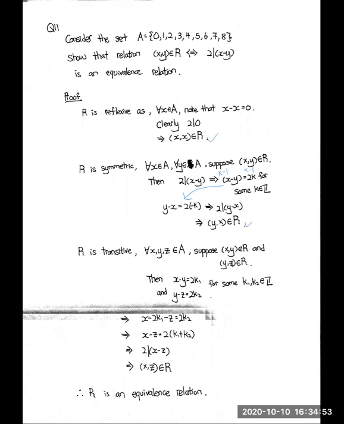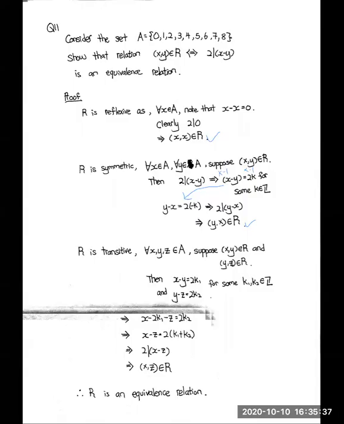Done. The R is transitive. So let x, y, z be any element in A. Then we suppose that x, y is an element in R and y, z is an element in R. This implies that x minus y is equal to 2k1, and y minus z is equal to 2k2 for some integers k1, k2. Then we can see that we have the following.